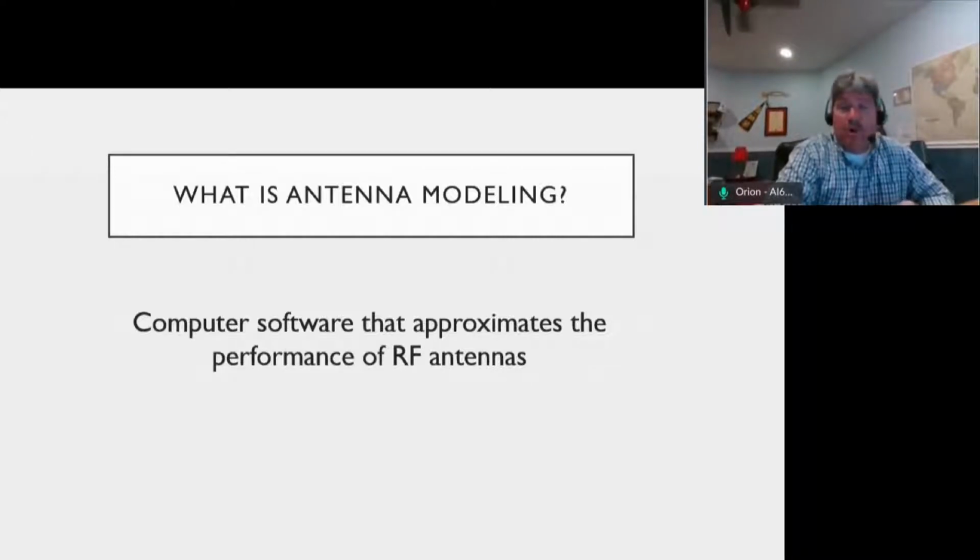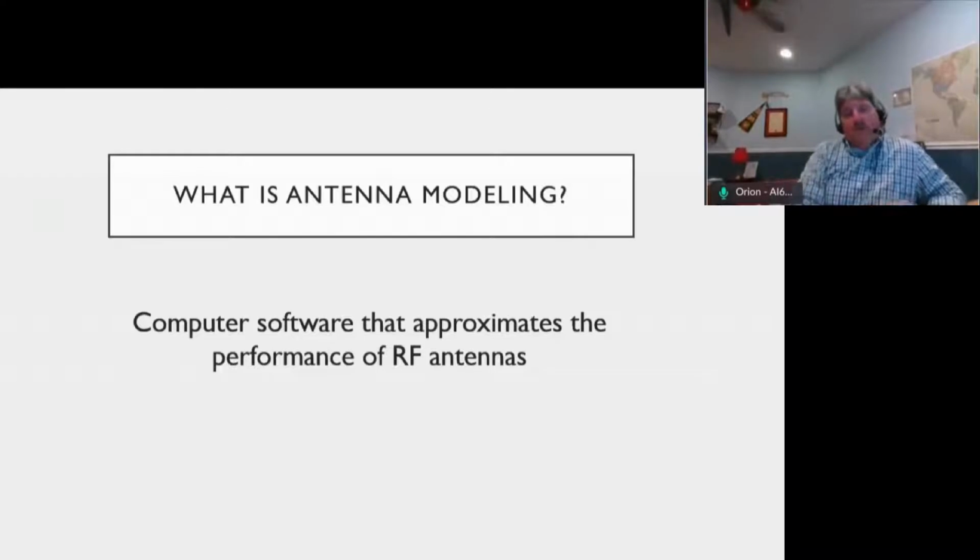Propagation, of course, is part of it, plus any other metal, trees, things that are around your antenna are going to affect its performance. But in an entirely theoretical world where there's none of that stuff around and you have perfect ground, or you can approximate a less than perfect ground, an antenna model will let you know what your antenna is going to do.